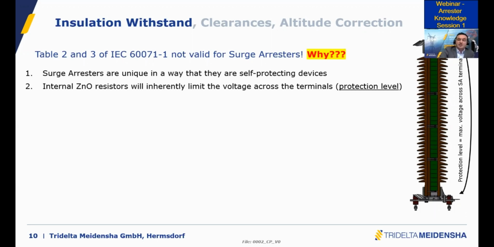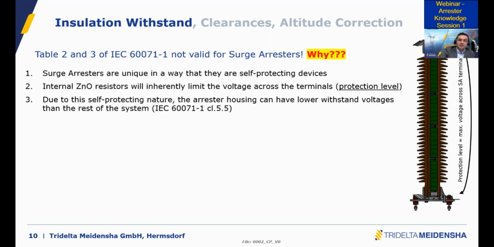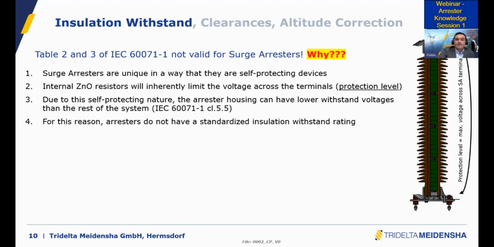And this is the protection level, or often called residual voltage, or in the IEEE, discharge voltage. Due to this self-protecting nature, the arrester housing can have lower withstand voltages than the rest of the system. For these reasons, arresters do not have a standardized installation withstand rating.